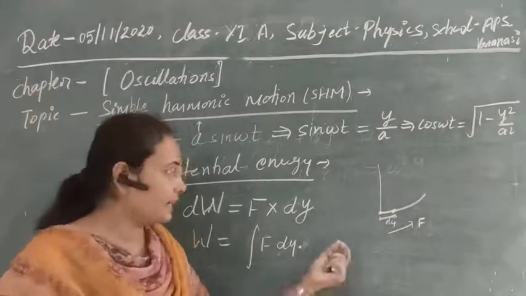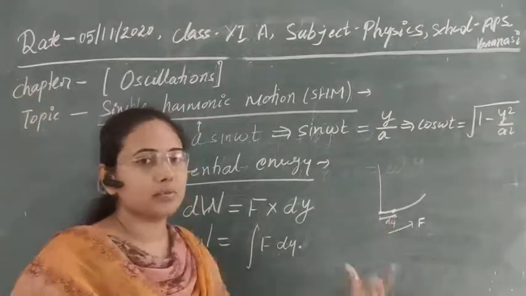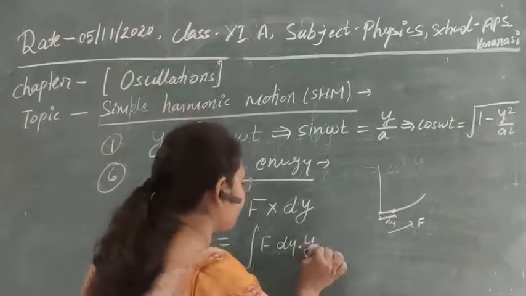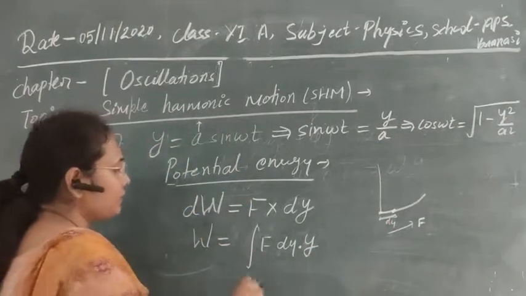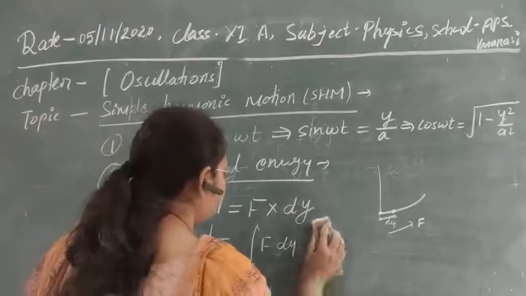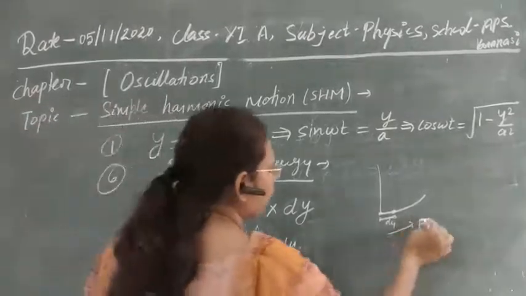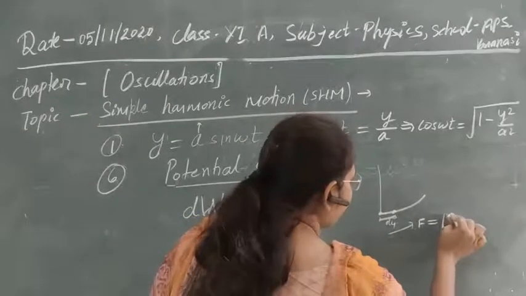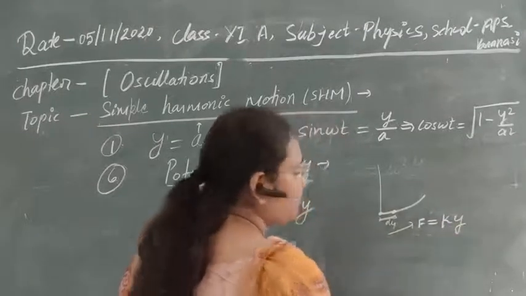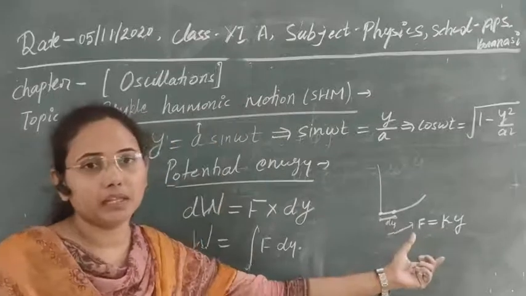So if y is the total displacement during the work, then this formula can be written in this way. As you know, the force is given by K into y. Force is directly proportional to the displacement which we are making in the system.